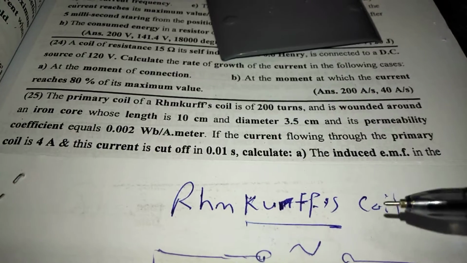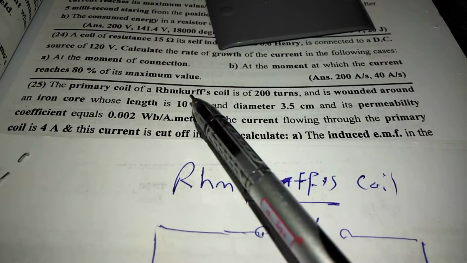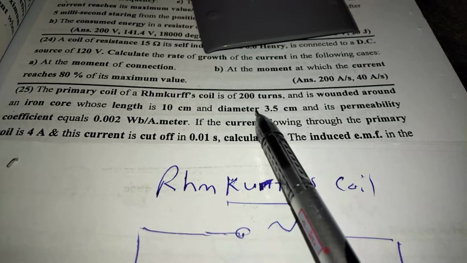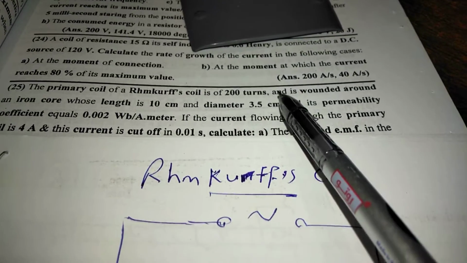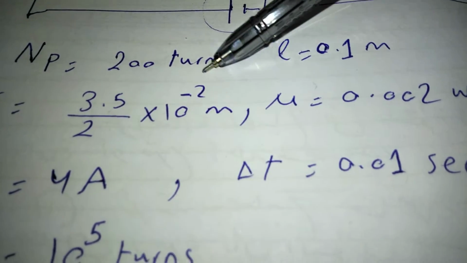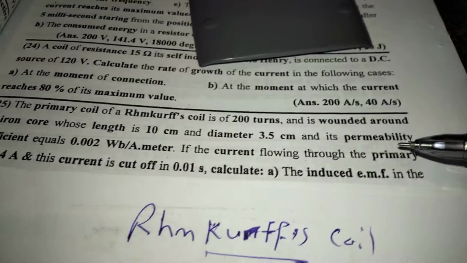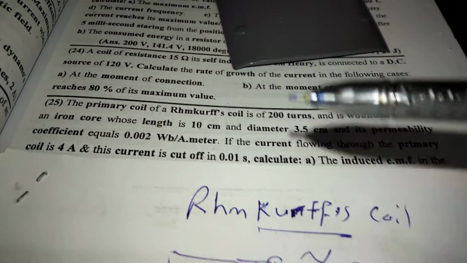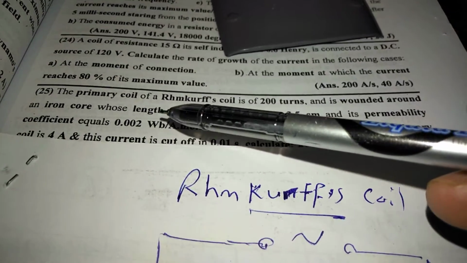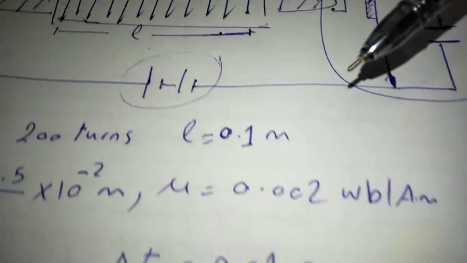I mean they both are wound around a common cross-section area of diameter 3.5 centimeter. I make use of the diameter to get the radius, and we have to convert here. Its permeability coefficient equals 0.002 Weber per amp meter.